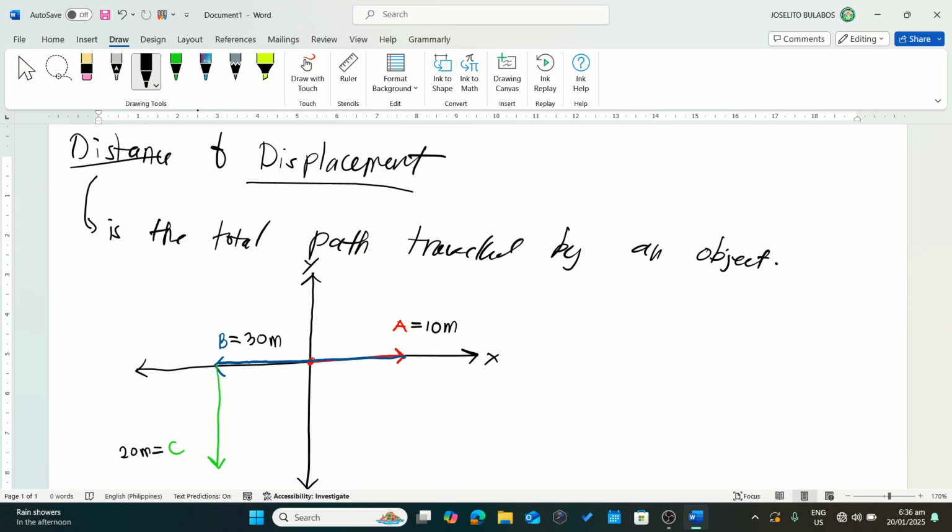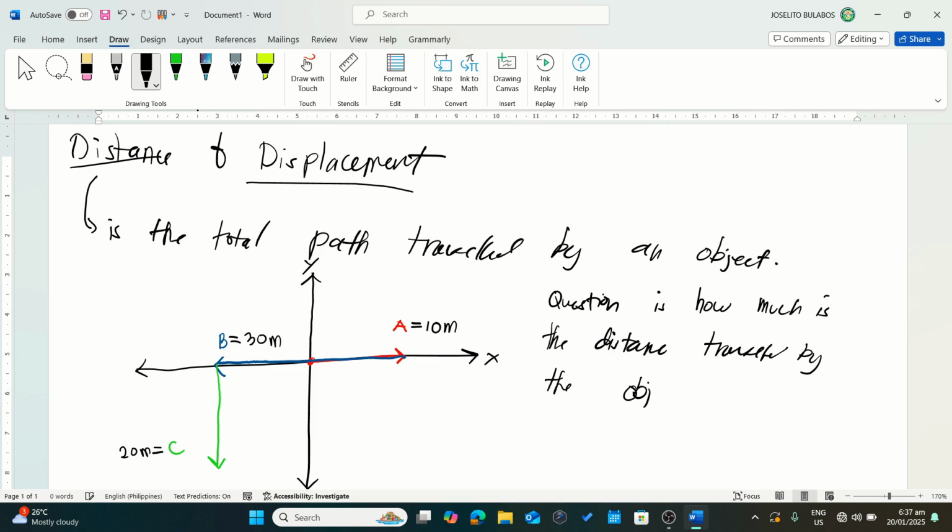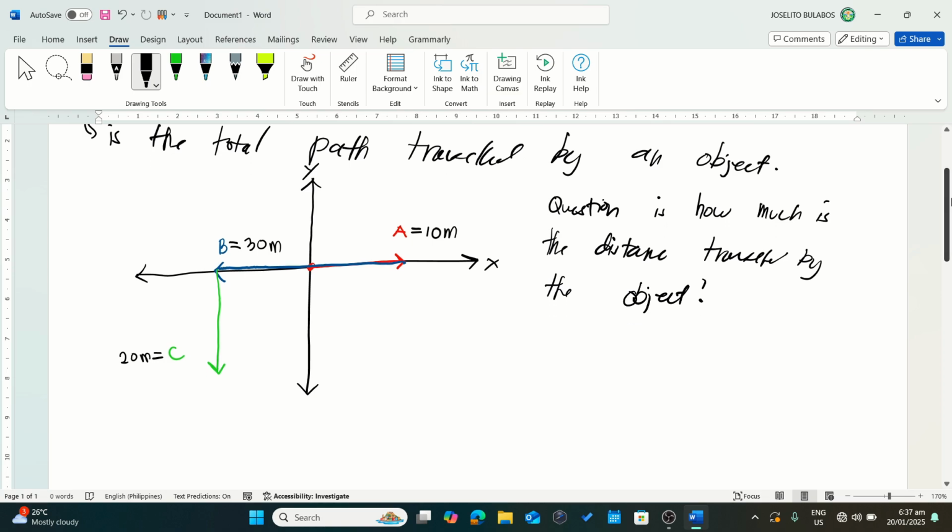Now the question now, how much is the distance traveled by the object? So what we can do now is simply get the sum.